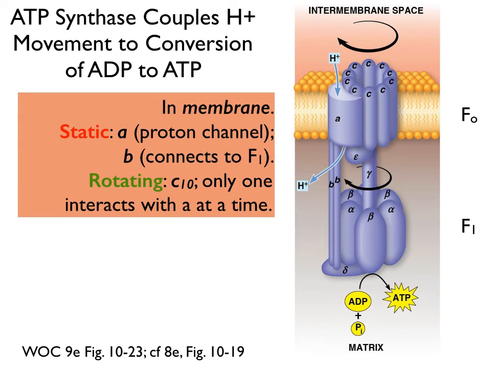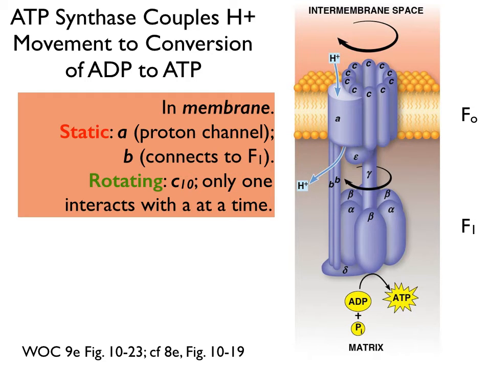So in the membrane, we've got several parts. There's a static part that doesn't move. That's the proton channel. That's the A subunit. And then you can see that there's kind of a shaft labeled with the letter B that connects to the F1 part of the ATP synthase. And then there are 10 C subunits. Well, the numbers vary slightly from organism to organism.